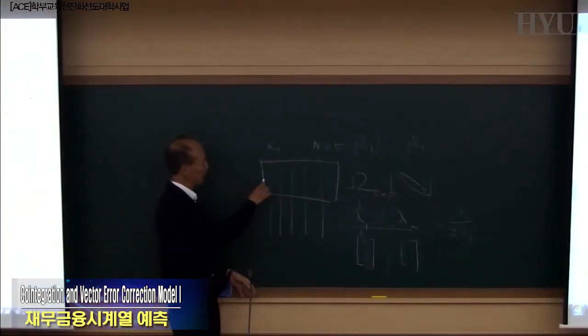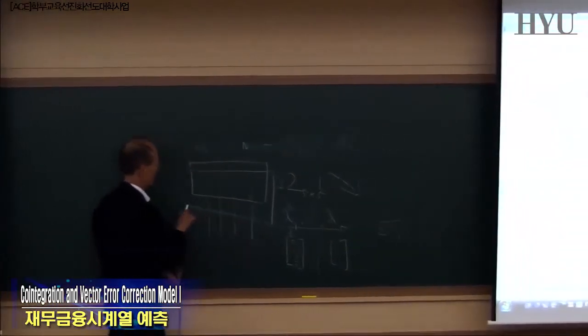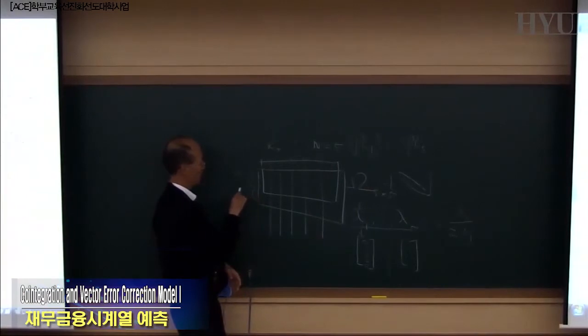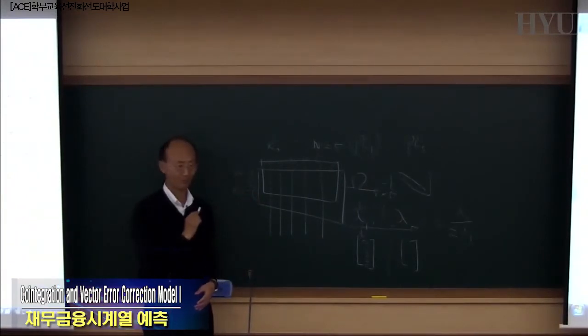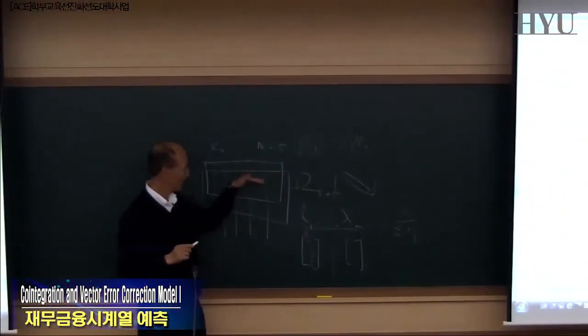Because it's a moving window, now take the second moving window in this way to make this one 60. Do the exercise again, and you continue.